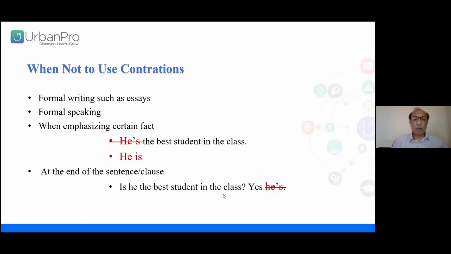And also, when you're writing formally, such as essays, avoid using contractions there as well. For example, this sometimes generates ambiguity. For example, I'd, the I had, or I would. Whether the reader should read it as I would or I had.